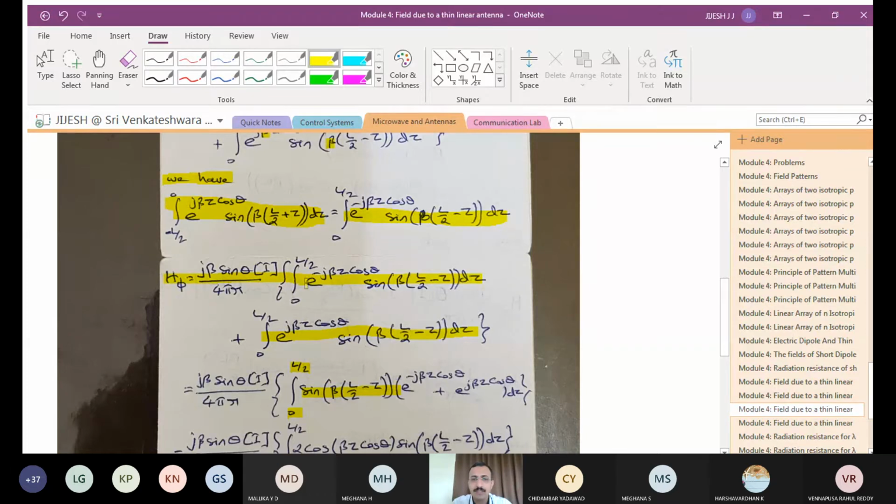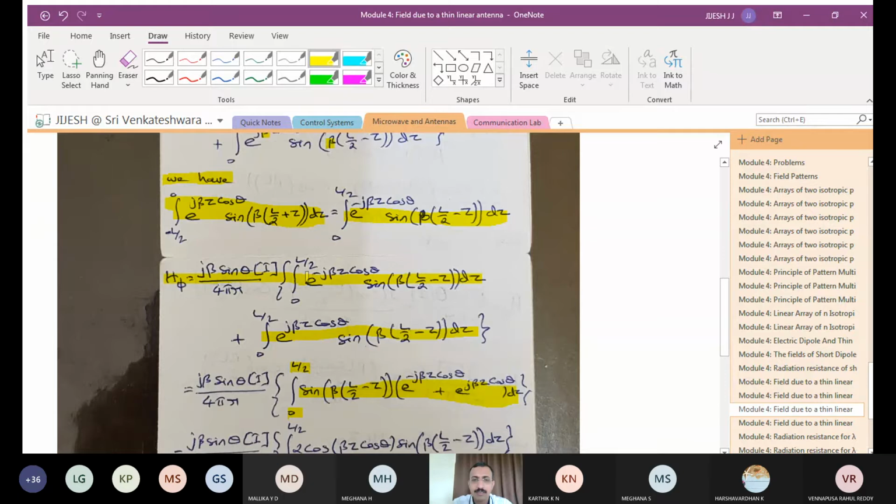Here it is e to the power of minus j beta z cos theta, and here it is e to the power of j beta z cos theta. So I have to take both the terms, e to the power of minus j beta z cos theta plus e to the power of j beta z cos theta dz. This is what the term is finally converted into, and this is what I have to go ahead with for the integration.